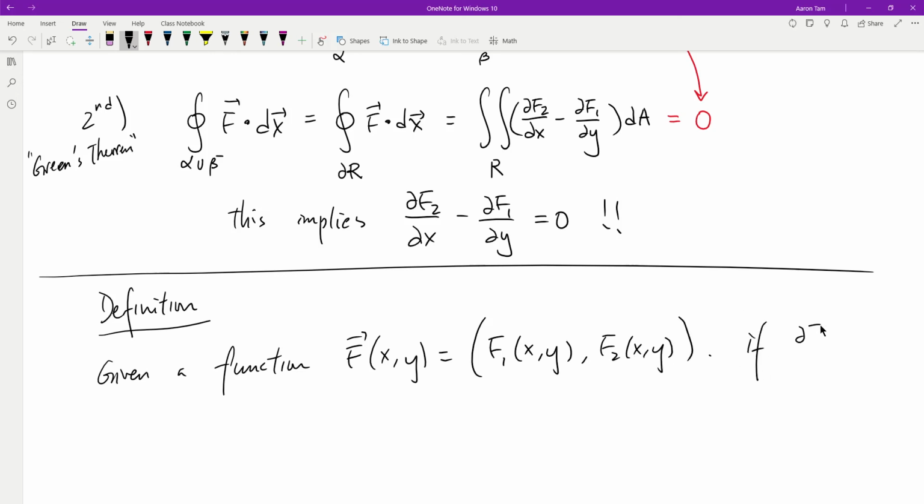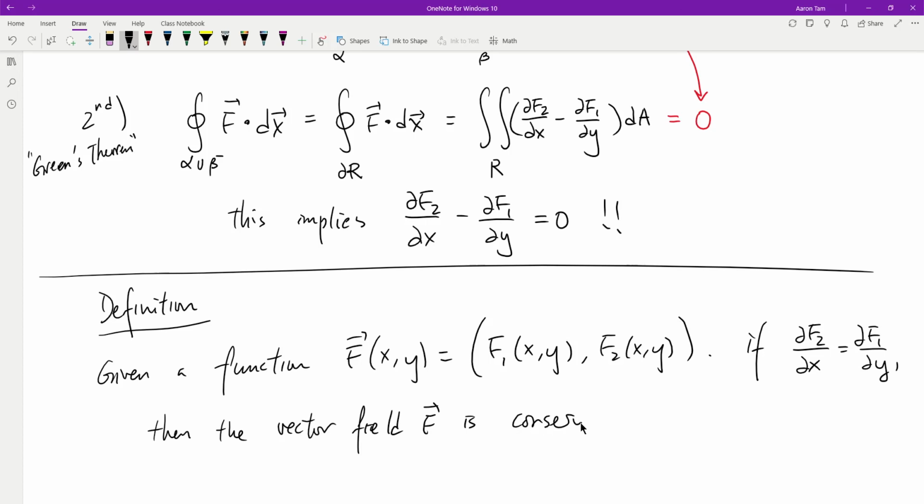If df2 over dx is equal to df1 over dy, then the vector field f is conservative.